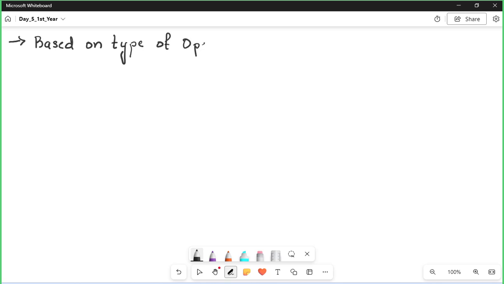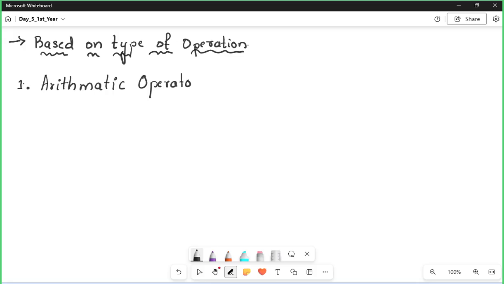In this one, the first we have is the arithmetic operator. So what are arithmetic operators? It is an operator which performs an arithmetic operation.